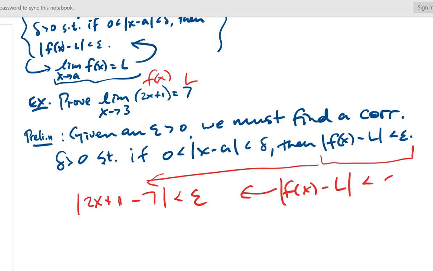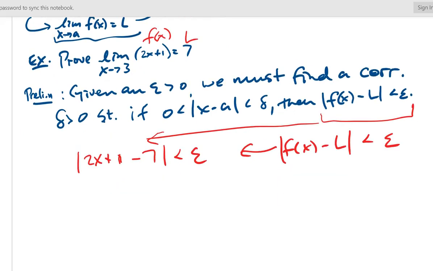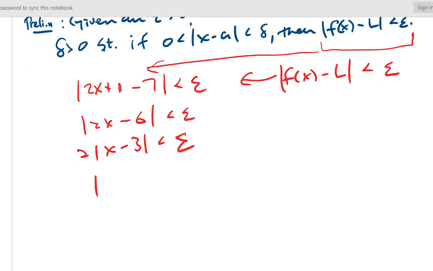Now let's manipulate this. This is the absolute value of 2x minus 6 is less than epsilon. Take out a 2. Now divide by 2. The absolute value of x minus 3 is less than epsilon over 2.